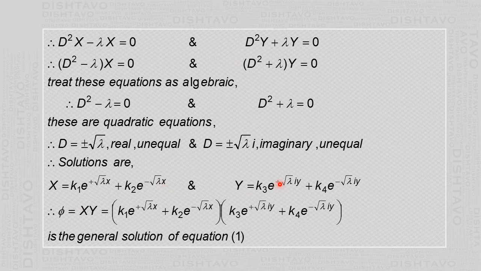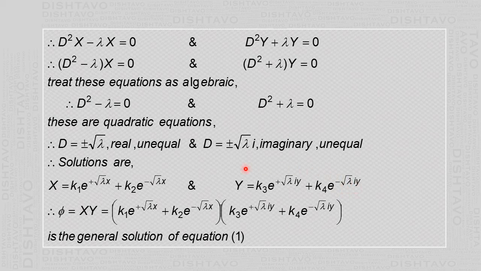Then for the second one, Y = k3 e^(√λ i y), the first root, because the second equation is the ordinary differential equation with respect to y, plus k4 e^(−√λ i y), the second root, which is minus root of λ i, times y.